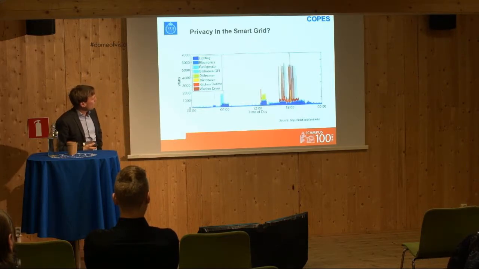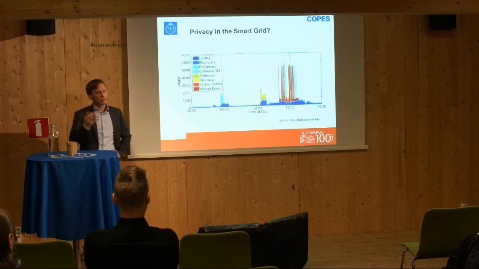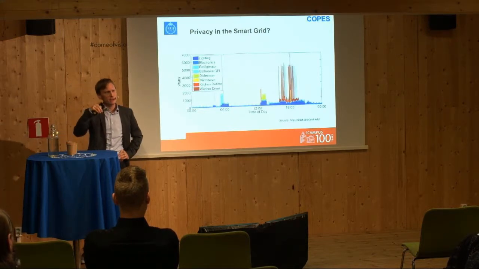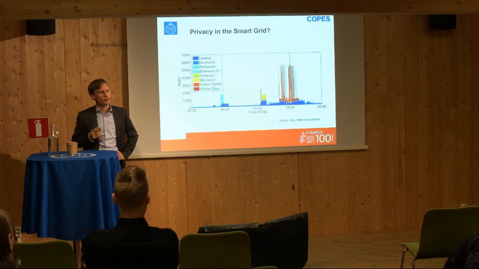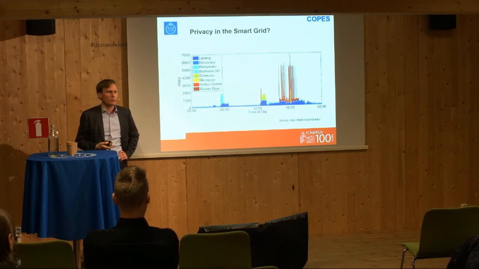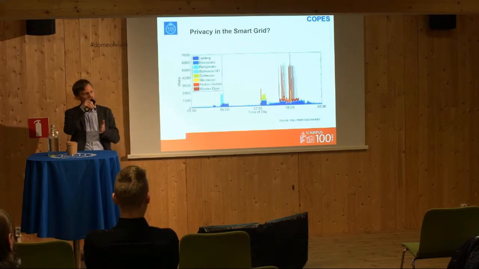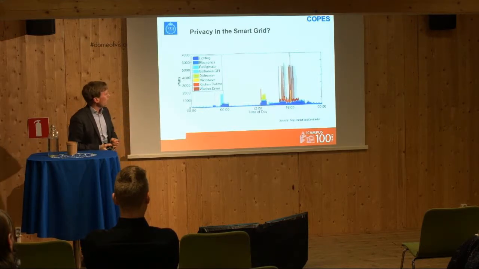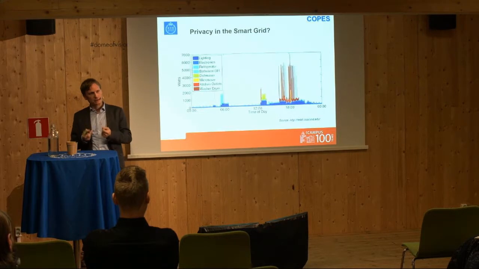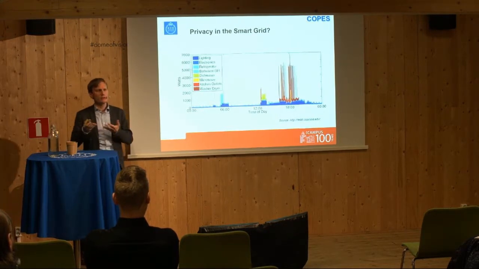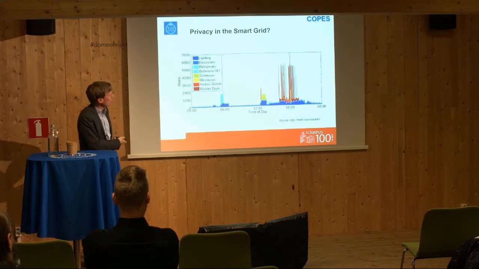Furthermore, a lot of the house appliances we have have a very distinct energy use pattern. And that is what the colors are about. When you turn on a device, its energy profile is quite distinct, and a person who knows this could often guess, or you can use a computer to help you guess, what type of devices are being used, and that's what the colors are showing here.